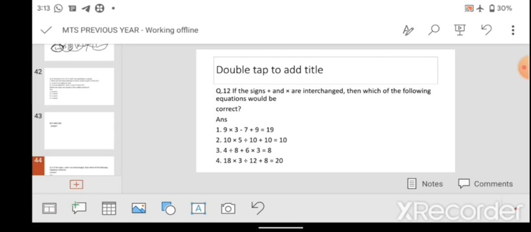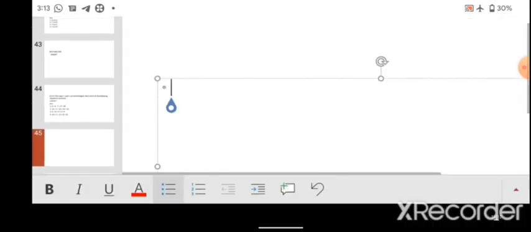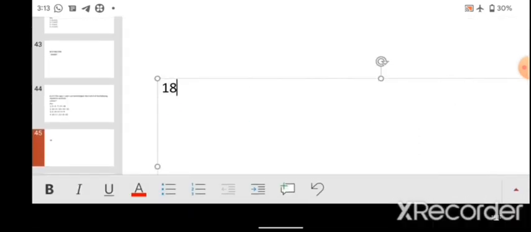Okay, so if you try the last option, 18 into 3 divided by 12 plus 8. Sorry. 18 into 3 divided by 12 plus 8, and plus and multiplication exchange.